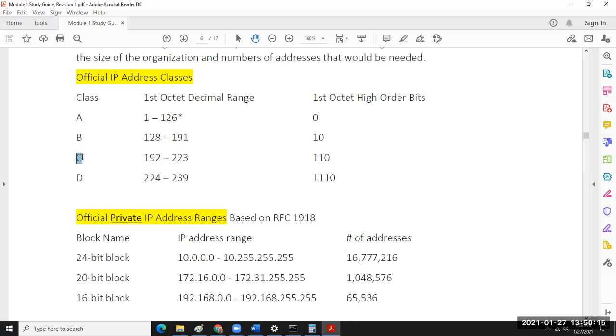A Class C address has a 255.255.255.0, a /24 subnet mask. So we did one with a /8, we did one with a /16. Let's do one with a /24. Instead of using the other one I was talking about, I'll do 200.